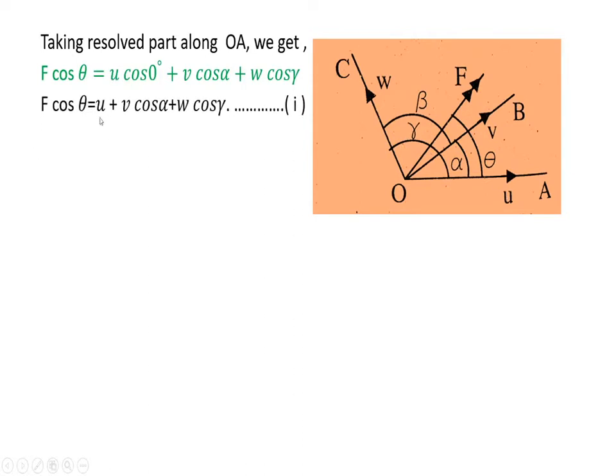Here u cos 0 degree equal to u because cos 0 degree equal to 1. So finally we get F cos theta equal to u plus v cos alpha plus w cos gamma. This is equation number 1.